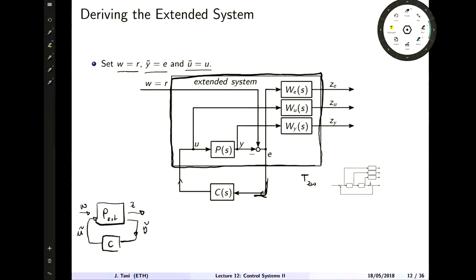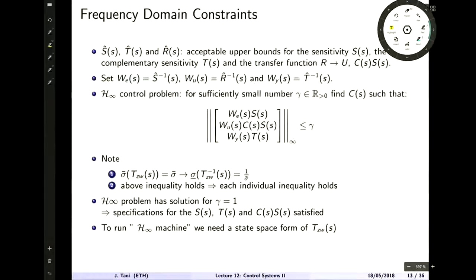So we have this extended system, and now we take it out, and we look a bit in more detail at these constraints before we go on. How would we in practice shape the constraints? What we do is we think about S hat, T hat, and R hat, which are acceptable upper bounds for the sensitivity, the complementary sensitivity, and the transfer function from the reference to the control input.